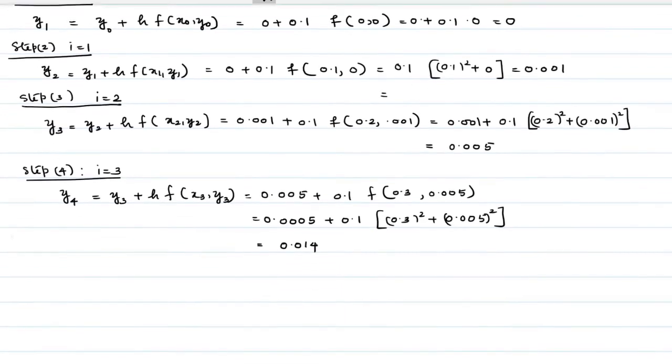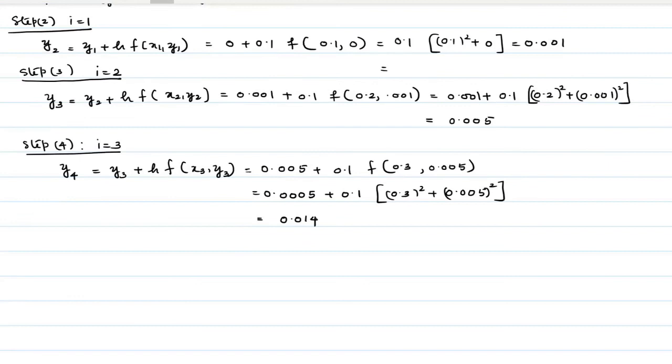And step 5, similarly we can find step 5. For step 5, i is equal to 4. When i is equal to 4, it is y5. y5 is equal to y4 plus h into f of x4 y4, where y4 we have calculated as 0.014.